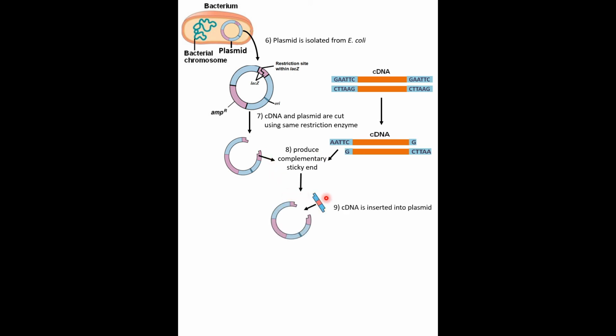Next, what happened to this cDNA? This cDNA will be inserted into the plasmid. And then DNA ligase catalyzes the joining of cDNA and plasmid, forming recombinant plasmid or recombinant DNA.